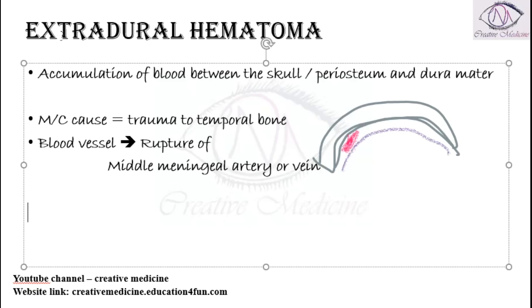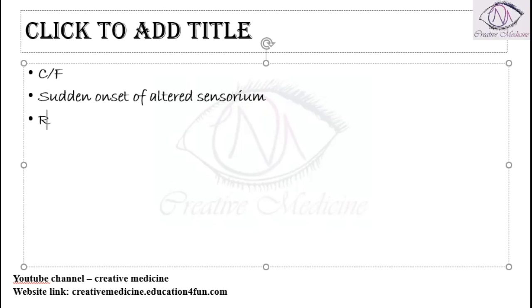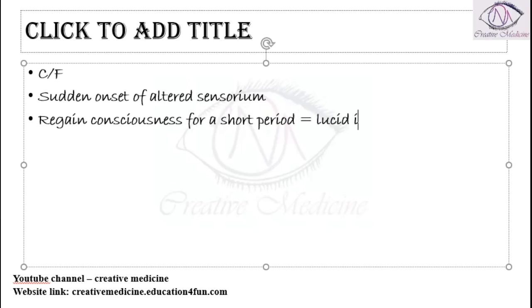So what is the clinical presentation of extradural hematoma? The patient presents with sudden onset of altered sensorium. After some time, the patient regains consciousness for a shorter period, and this period of consciousness is called the lucid interval.